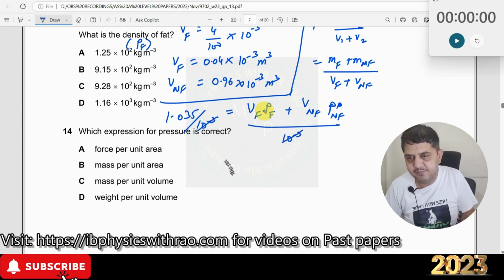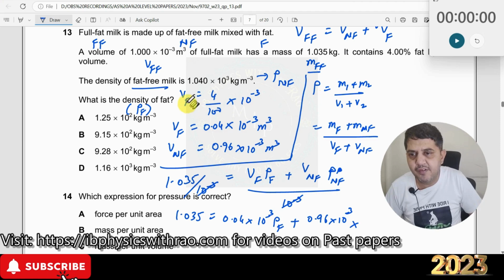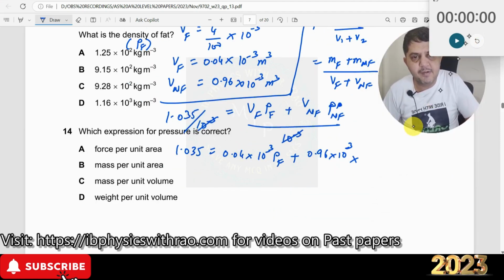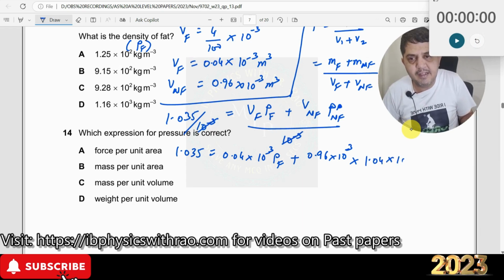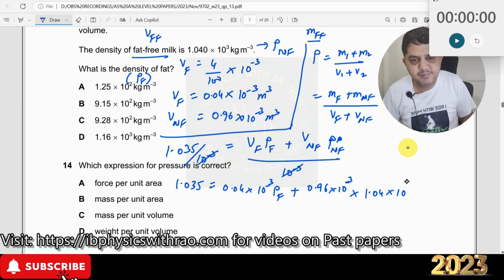Let us cancel these two. Then 1.035 is equal to the volume of fat, which is already given here, 0.04 into 10 to the power of minus 3, into rho F. I do not know rho F. Plus the volume of no fat, 0.96 into 10 to the power of minus 3, into the density of no fat, which is 1.04 into 10 cube. The powers of ten cancel, and we don't have anything in the denominator anymore, so it's gone.